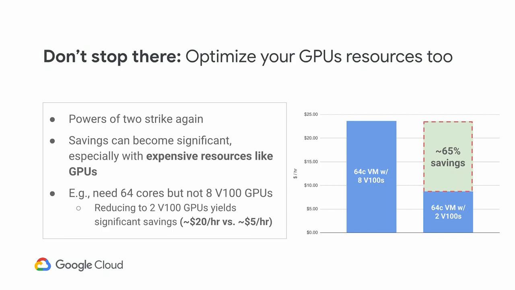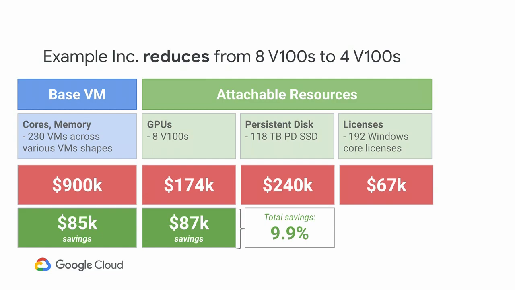So just looking at the GPU alone, it's $20 per hour versus $5 an hour. And so Example Inc. took a look at this, and they realized that they could shrink their 8 V100s to 4 V100s. And as a result, they saved another around 5%. So with these two steps, they're now saving about 10% on their total spend right now.